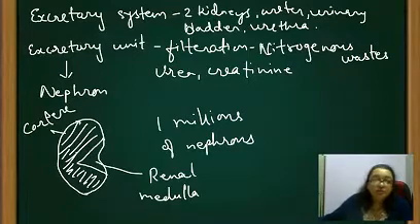Now we are going to see the structure of nephron. Nephron mainly consists of Bowman's capsule. This is Bowman's capsule. In this capsule, one arteriole enters, which mainly contains the nitrogenous waste.